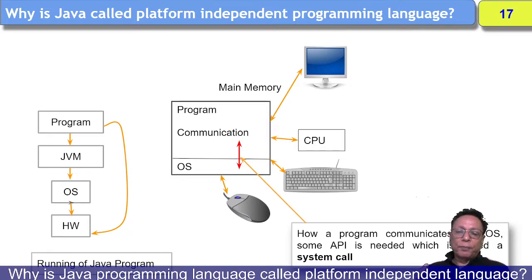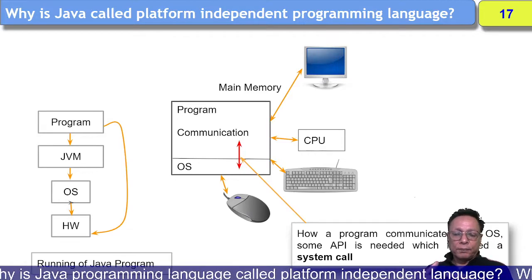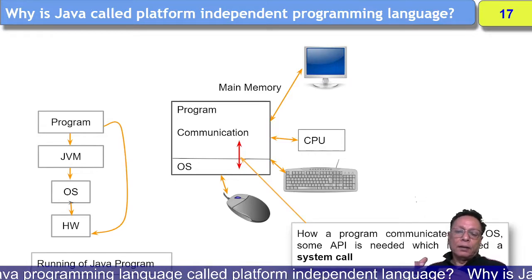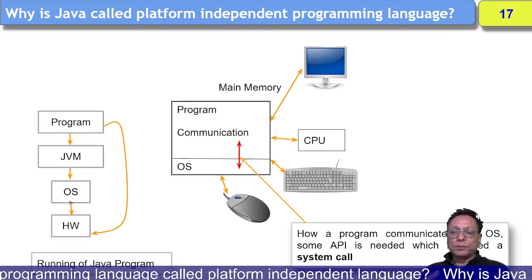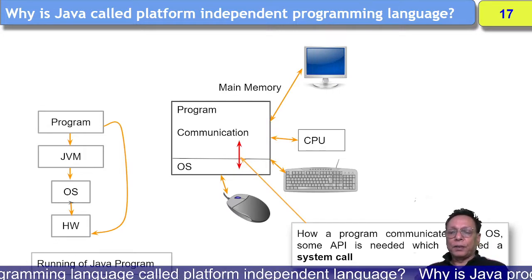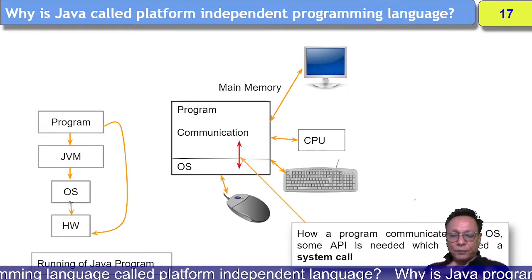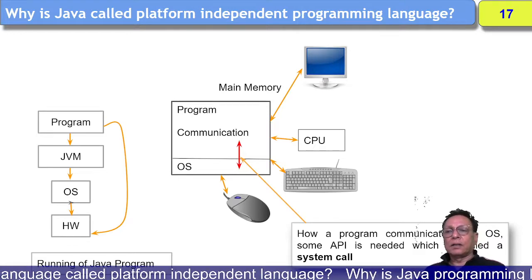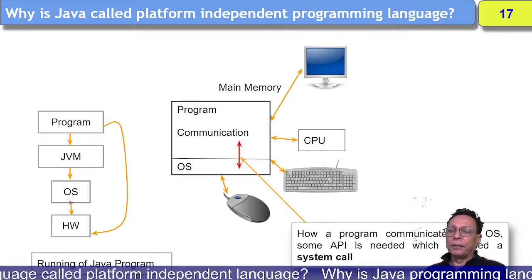To interact with the operating system, the JVM gets the help of the API, and the API tells the operating system to provide the resources. From this discussion, we have come to know why Java is called a platform independent language.